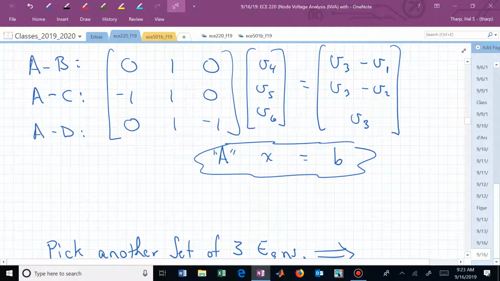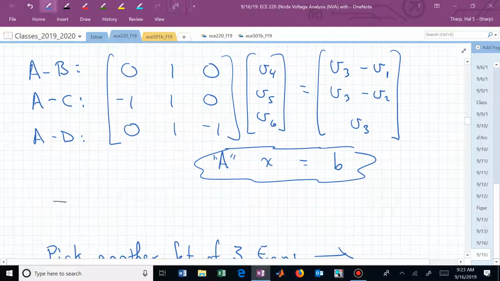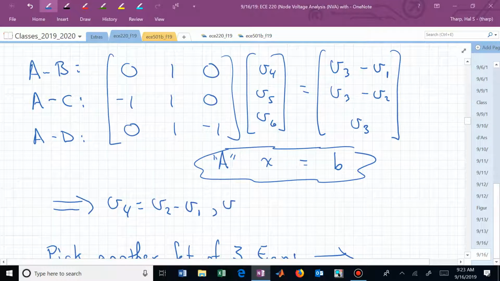If I solve that for V4, V5, and V6, you could now invert that matrix, or you could just do simultaneous solutions, and you'll find V5 is V3 minus V1. V4 ends up being equal to V2 minus V1. V5 was V3 minus V1 from the very first row, and V6 actually just ends up being minus V1.